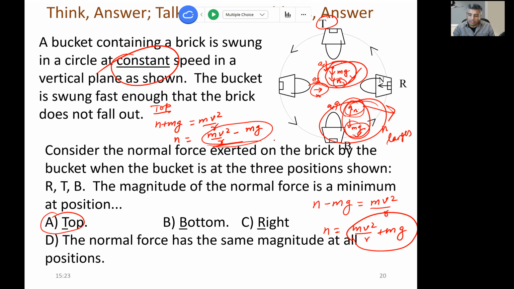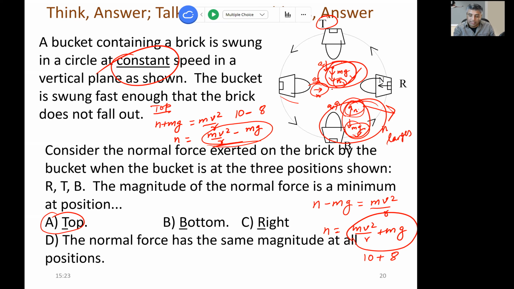Normal is small there. For example, if mg was 8, and this mv squared over r was 10, then that would be 10 minus 8, just 2. If that was the same here, then that would be 10 plus 8, 18. See how they are different?